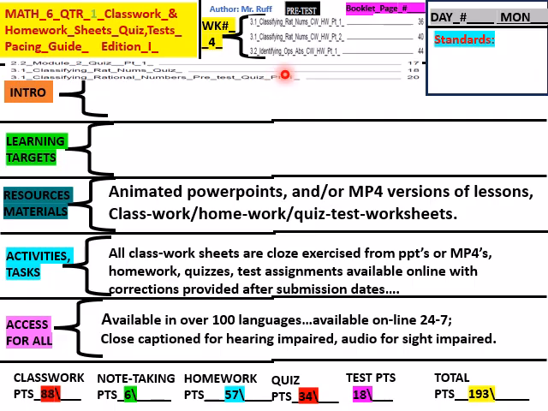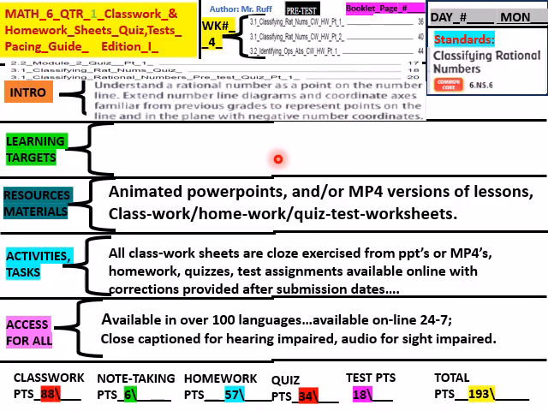So we have 3 assessments here for week 4, and then the standards are classifying rational numbers. 6.NS.6 is the standard there for week 4. So let's go into the intro for week 4.